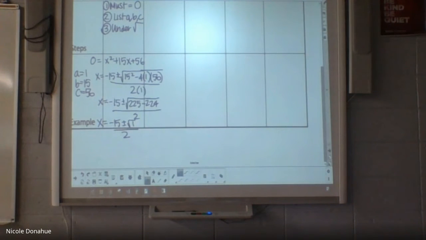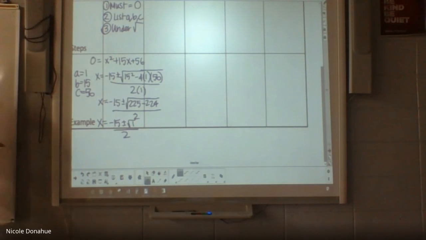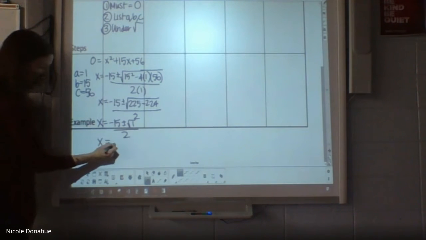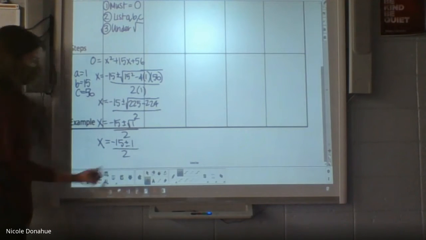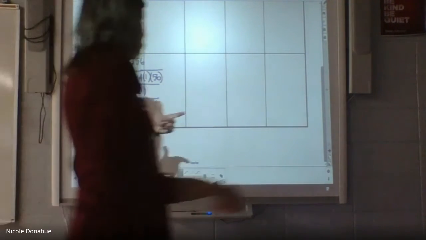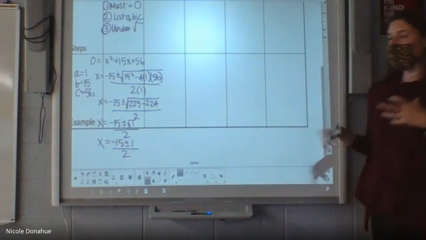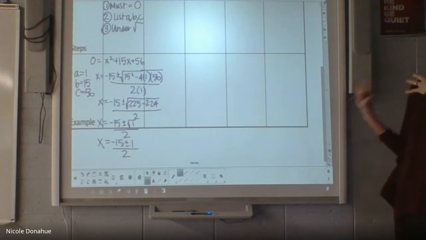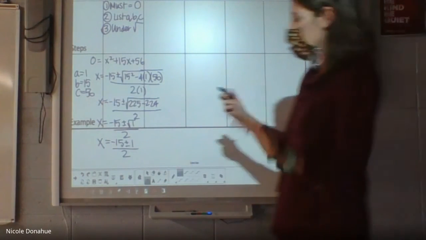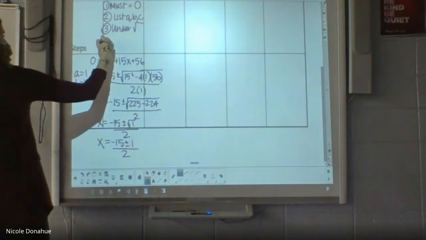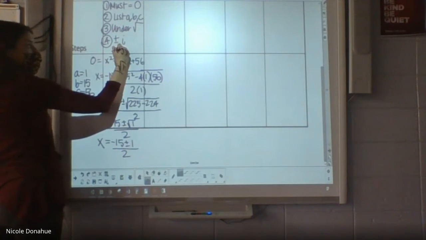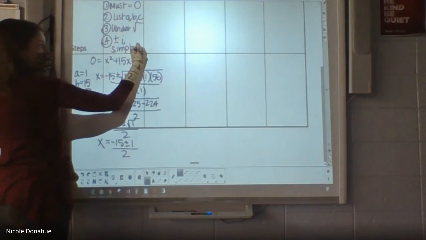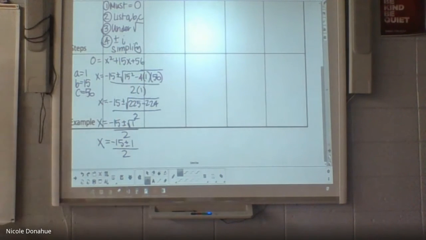So square root of 1 is how much? 1. So once I get to the bottom, then I have to remember, now I'm going to do both positive and negative versions. So our last step is remember positive and negative. Don't forget about i, and then also simplifying as much as possible.